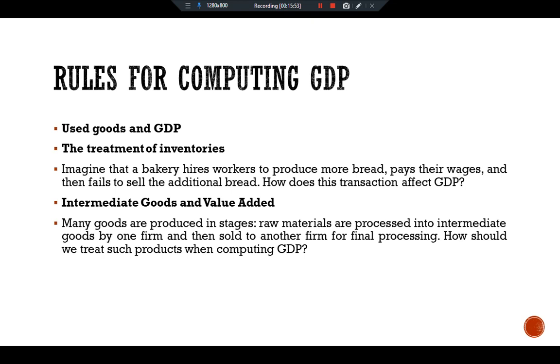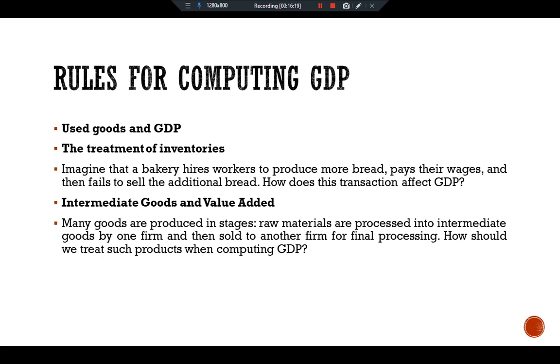The reason is that the value of intermediate goods is already included as part of the market price of the final good in which they are used. To add the intermediate goods to the final good would be double counting, so the meat would be counted twice. Hence GDP is the total value of final goods and services produced.